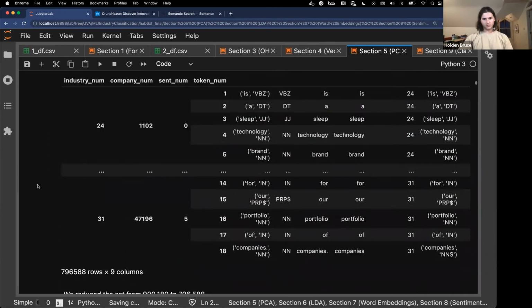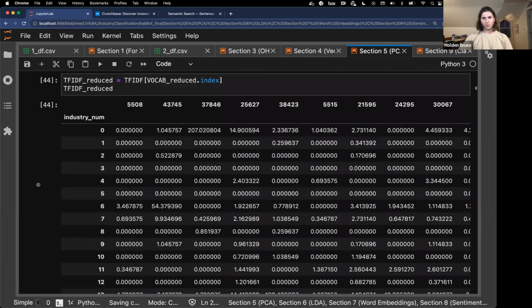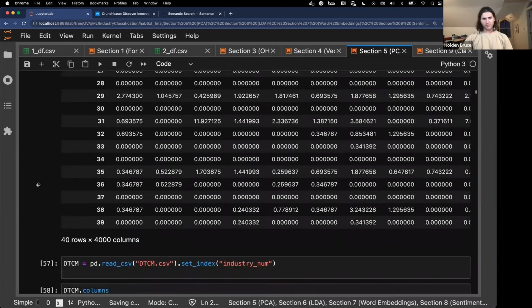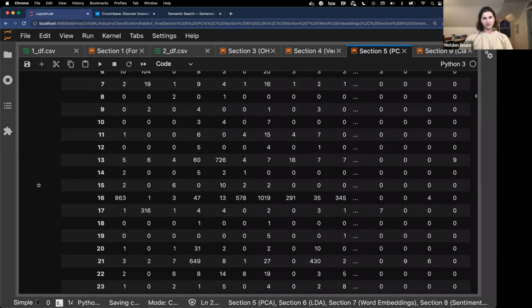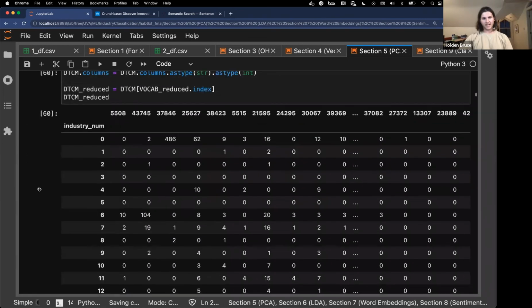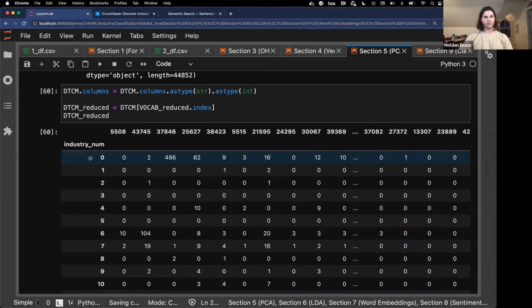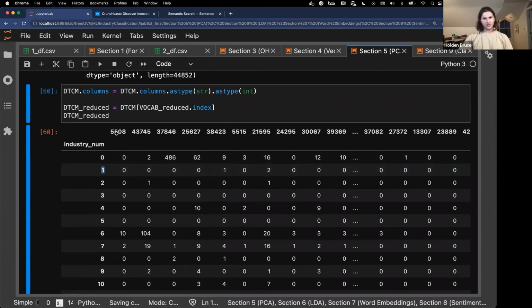Okay, so I'm going to try to just gloss over a lot of this because I do want to allow for questions, but there's still a few particularly interesting things that I see. This being one of them, right? So here we have listed every single industry and then just a collection of words plotted with how many times they were used.